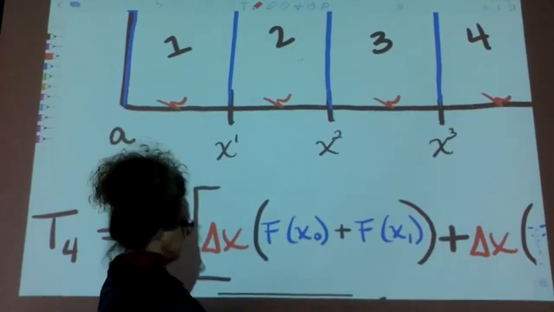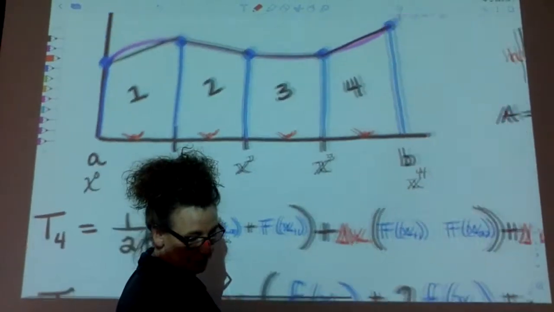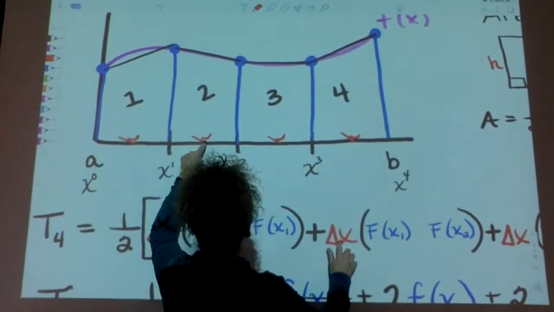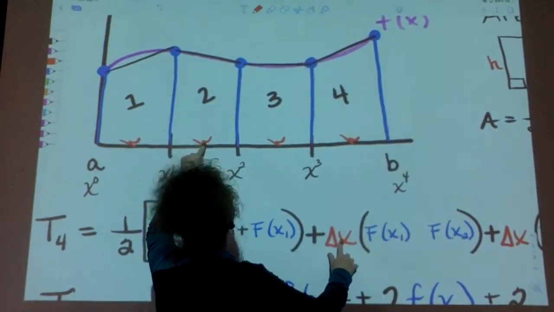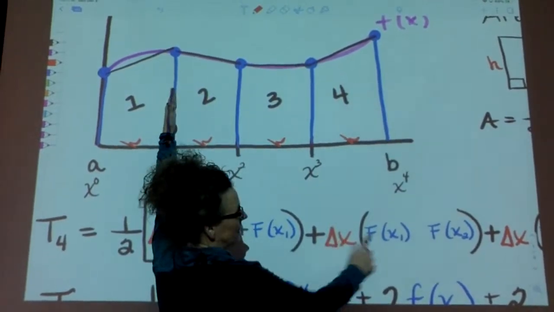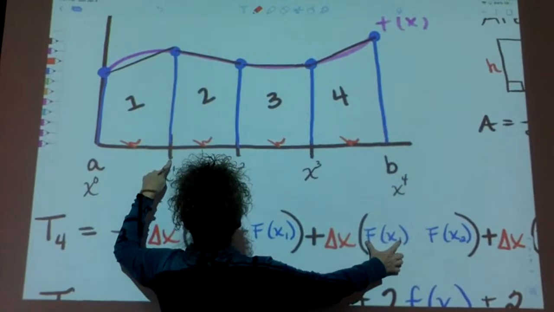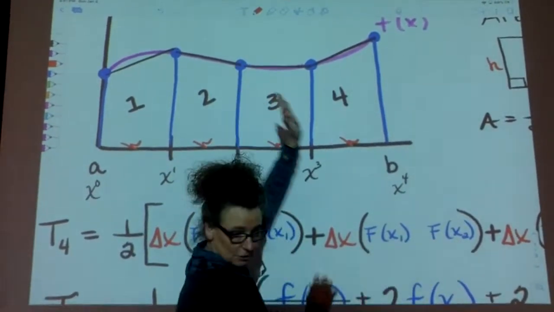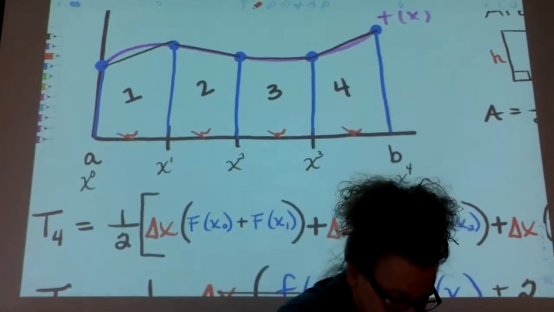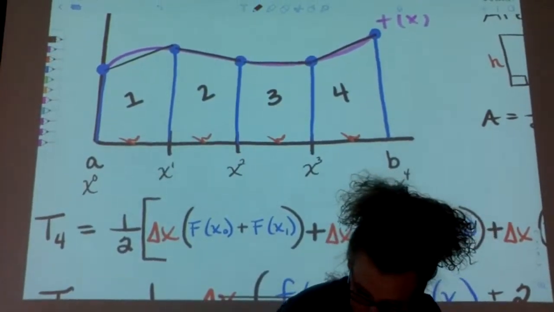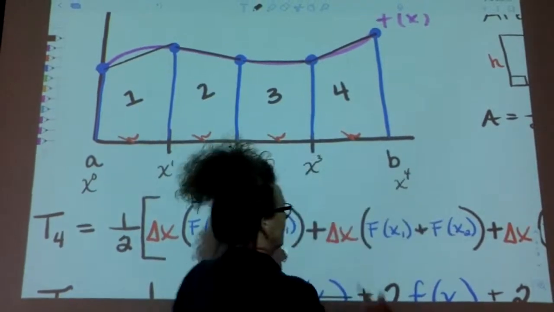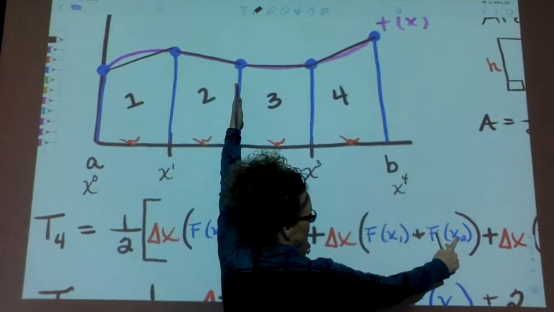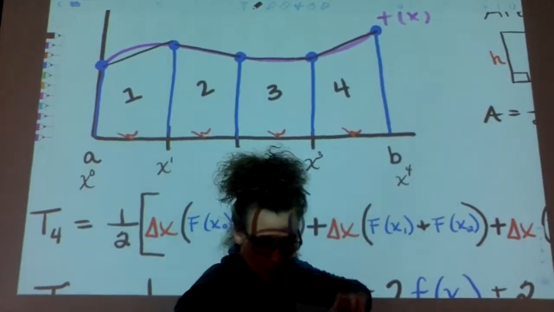Plus 1/2 times delta x times B1, the y that I get from subbing that in, plus B2. Lost the plus sign. Hold up. Okay, so the y I get from subbing that in, the y I get from subbing that in.